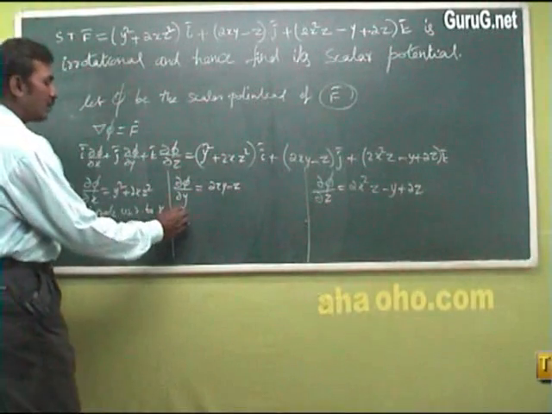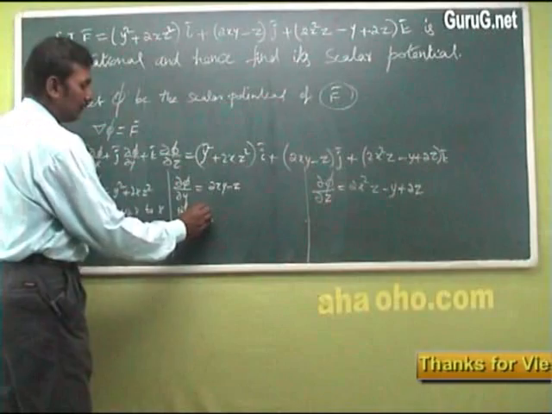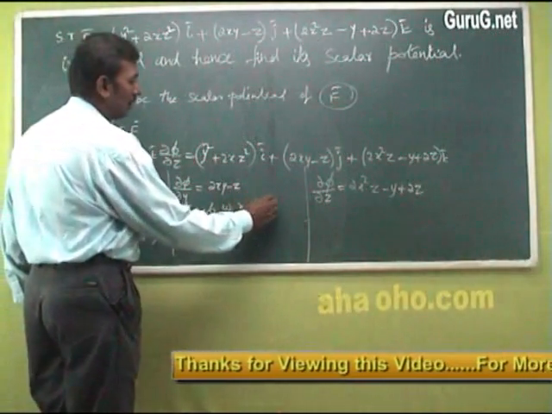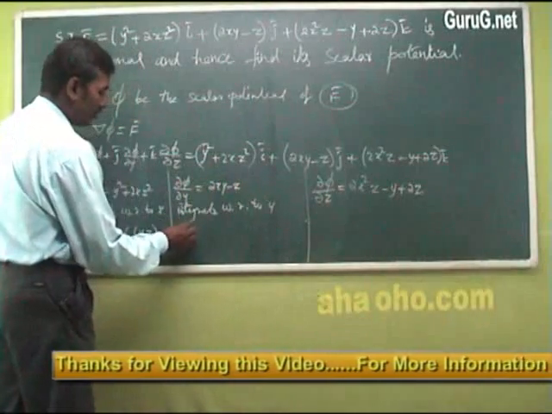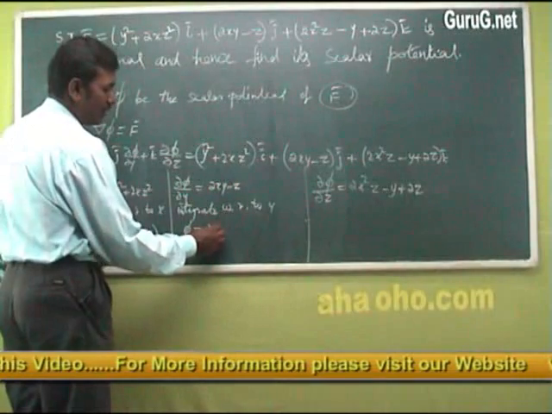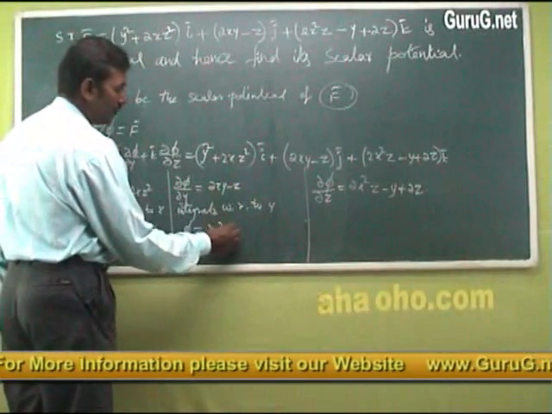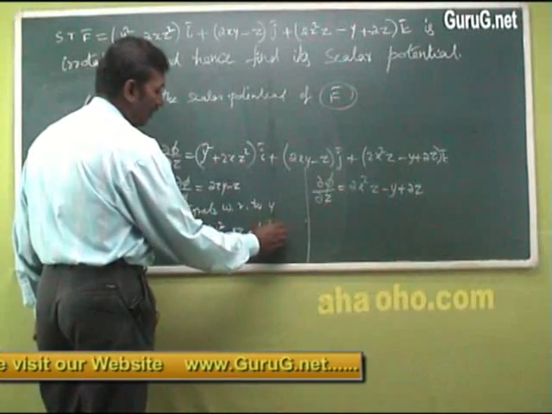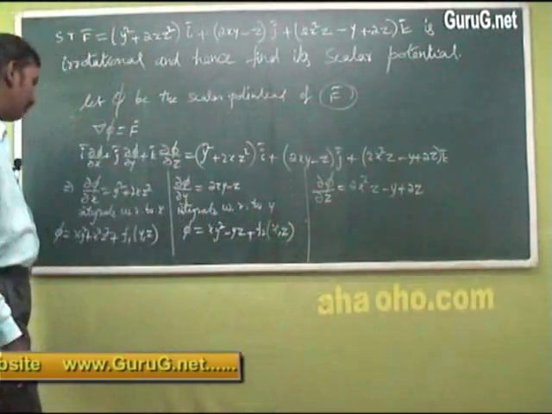So here integrate with respect to y, keeping x and z as constant. So phi equal to xy squared minus yz plus a constant, f2 of xz, right?